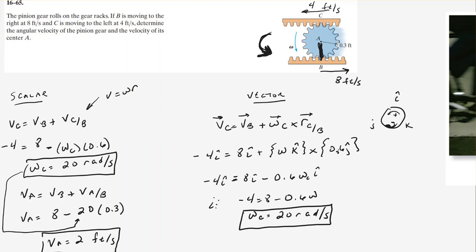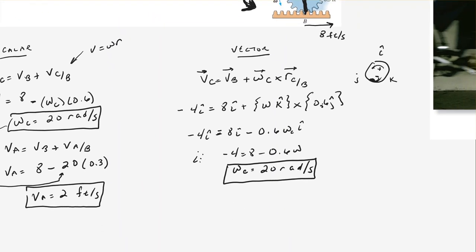Right there. So then you would go V sub A is equal to V sub B plus omega A cross with R A with respect to B. So V sub A, I don't know its magnitude, is equal to 8I plus, okay, 20 is your omega from before.